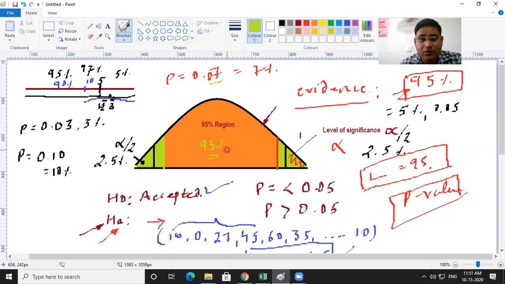Now I am not 95% confident, so in that case I cannot touch my null hypothesis. The null hypothesis is accepted, or we don't have enough evidence to reject the null hypothesis. Okay, are you getting it with the graph?